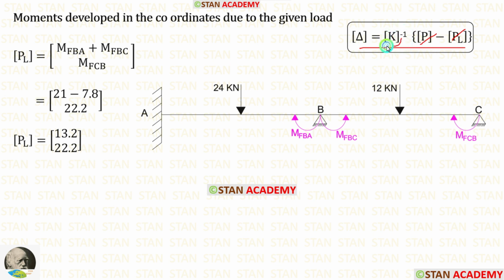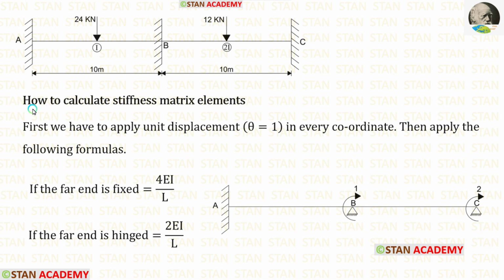Now we are going to make the stiffness matrix. Now let us see how to calculate stiffness matrix elements. For that, first we have to apply unit displacement in every coordinate. In this analysis, there are two coordinates. In the points B and C, we have the coordinates.